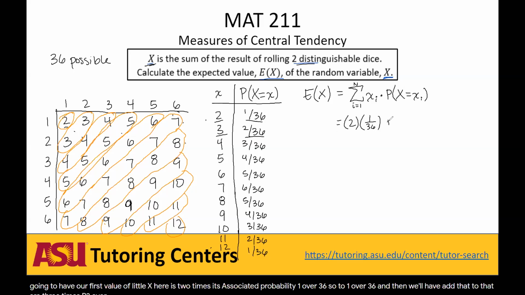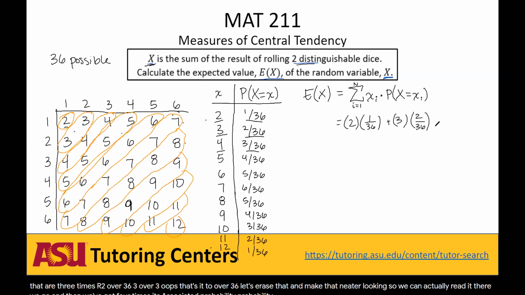So 2 times 1 over 36, and then we'll add to that our 3 times 2 over 36. Let's erase that and make that neater looking so we can actually read it. There we go. And then we've got 4 times its associated probability, 3 over 36.